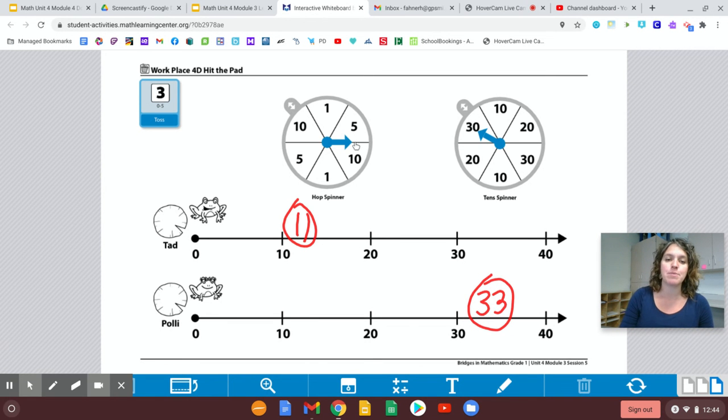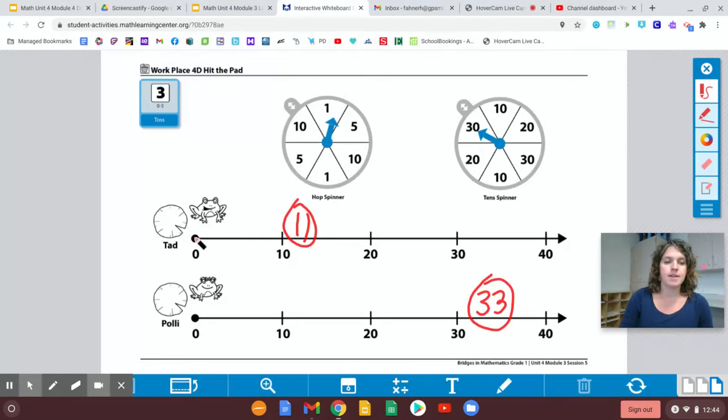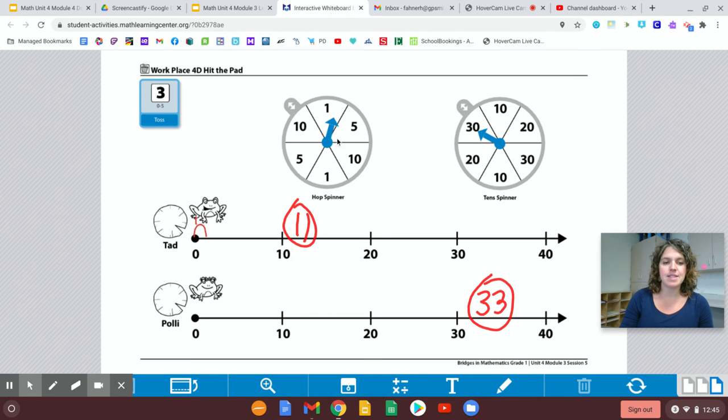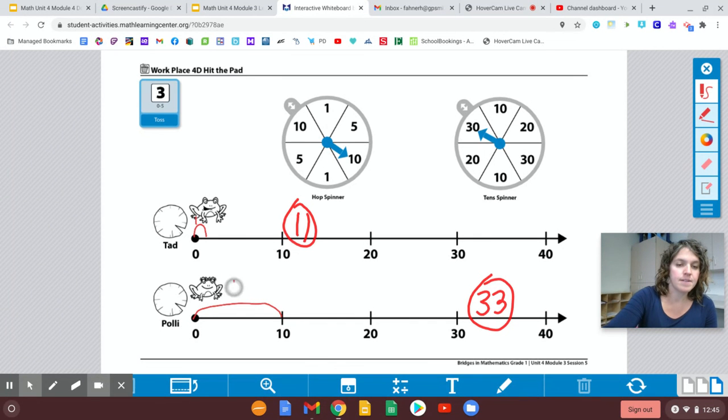So we're going to use this hop spinner to show us what our hops are going to be. So this is for Tad. Tad gets to hop 1. So not a ton, but that's okay. All right, now let's see Polly. Polly gets to hop 10. All right, so Tad's at the 1 and Polly's at the 10.